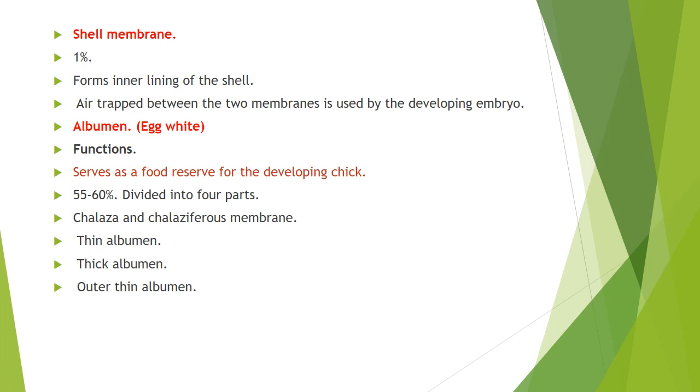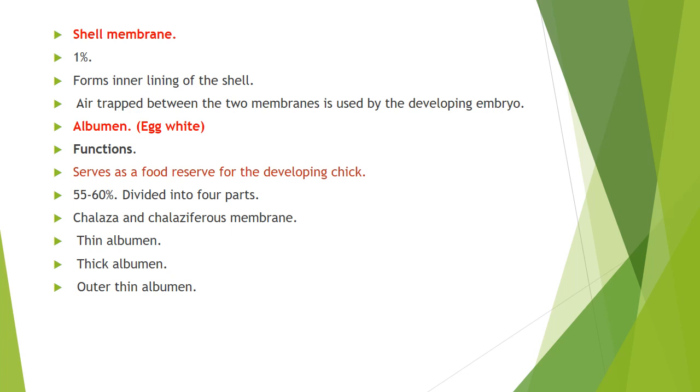Now, also, we have another part known as the albumen, which is the egg white. That is the largest part of the egg. And when somebody tells you, I'm eating an egg, majorly this person is eating the albumen. The main function of the albumen is that it serves as food reserve for the developing chick. When a chick is growing, it requires nutrients, and the chick gets these nutrients from the albumen.